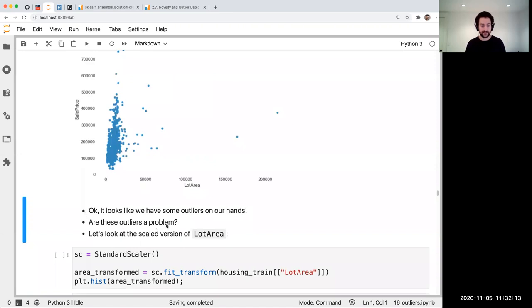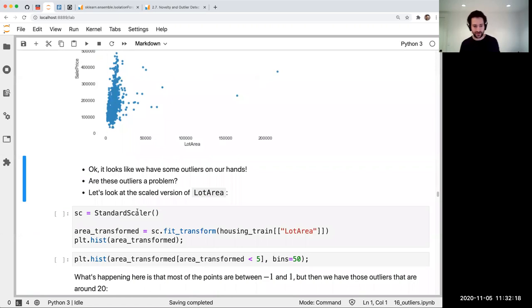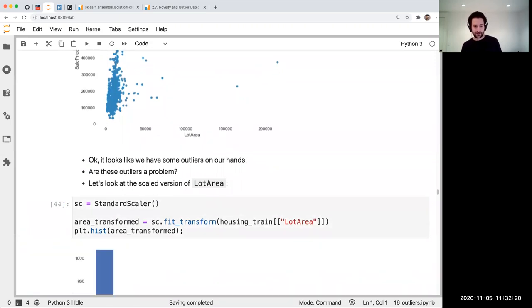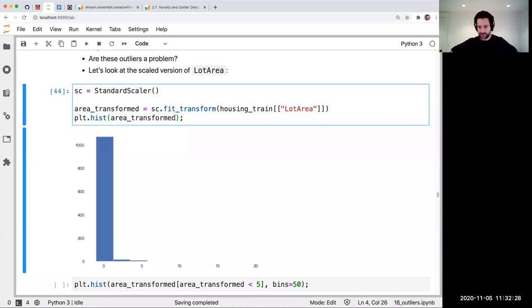Okay, yeah, are these outliers a problem? So in reality, we don't have 200,000 because we're scaling things. And so we actually have scaled area, which looks more like this. And remember, the interpretation of standard scalar is that it's in terms of standard deviations from the mean.